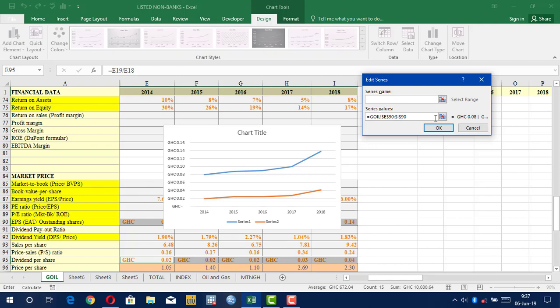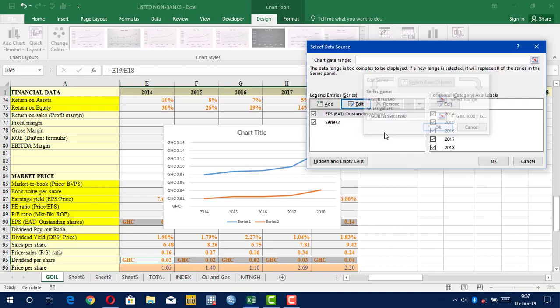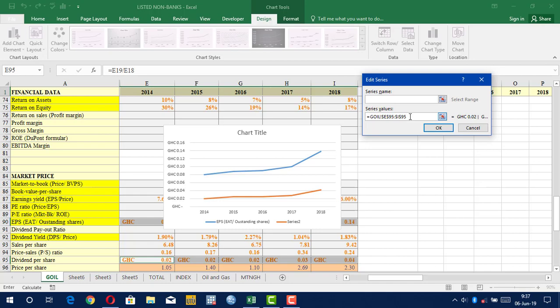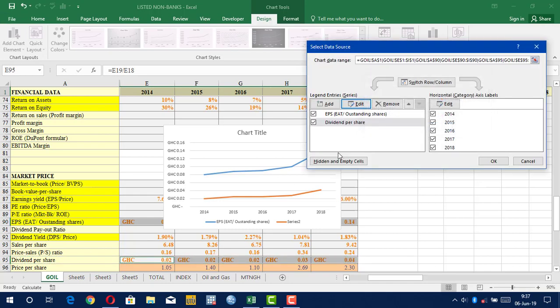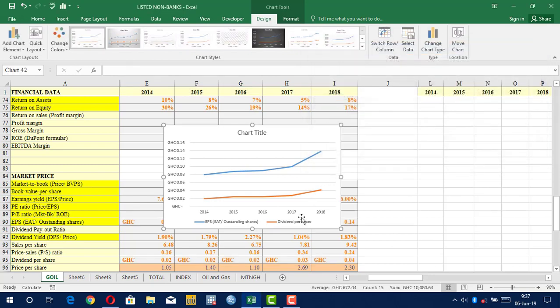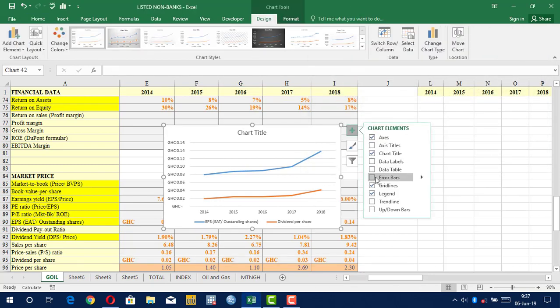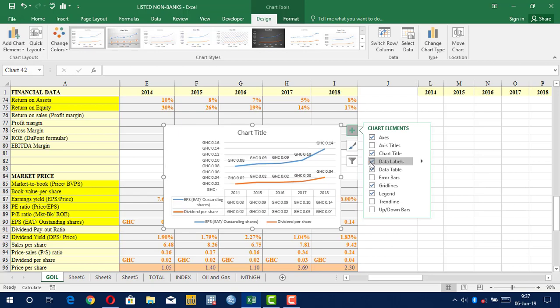The first one, series 1, is for the earnings per share, and series 2 will certainly be for dividend per share. So let's showcase the data label.